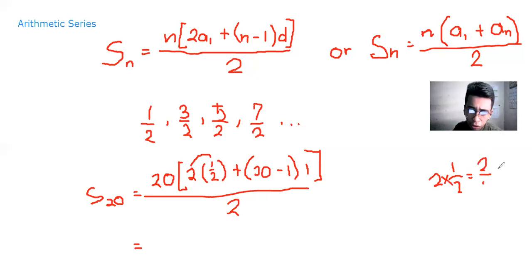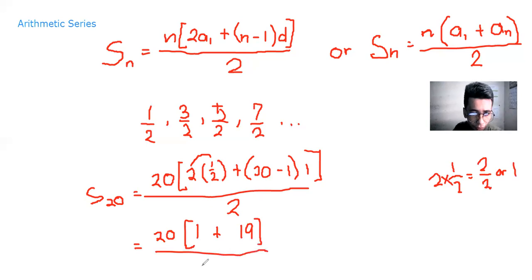It is no longer a fraction, it became a whole number, 1. So 2 times 1/2 is 1. So 1 plus 20 minus 1, that is 19 times 1, still 19. Then, over 2.